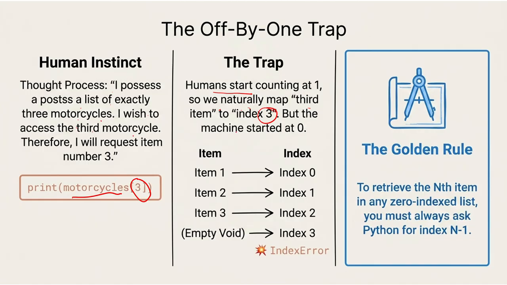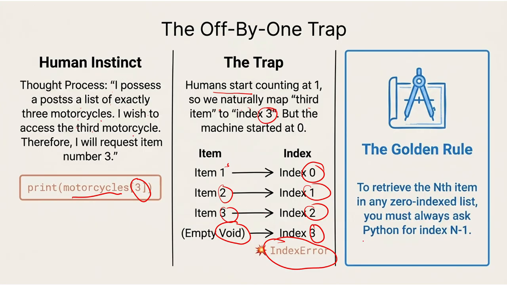But in Python, index starts at 0, so item 1 gets index 0, item 2 gets index 1, item 3 gets index 2, and you mentioned index 3. In index 3 there is nothing, it's empty, so that's why you will get an index error.